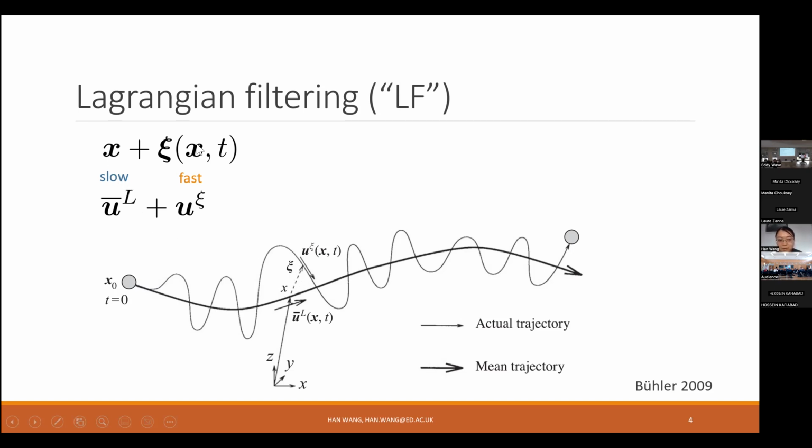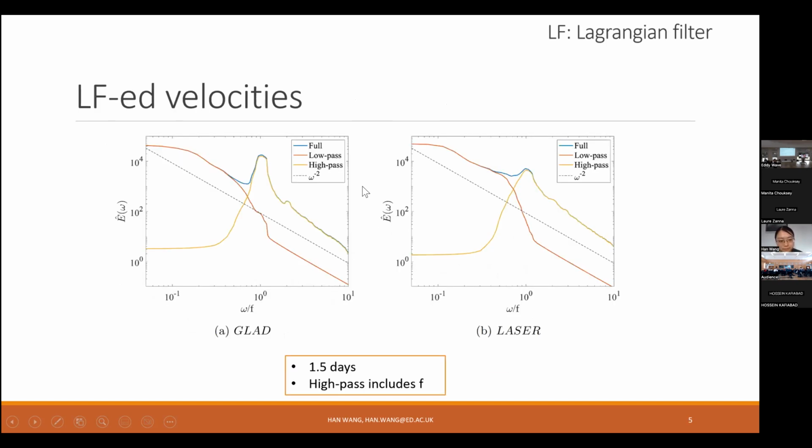And then according to this mean and perturbation trajectory, we can also find mean and perturbation velocities that are consistent with the mean and the perturbation trajectories respectively. And crucially, in the Lagrangian mean framework, both of these velocity components have to be evaluated along the mean trajectory, not the actual trajectory. We'll go back to this later.